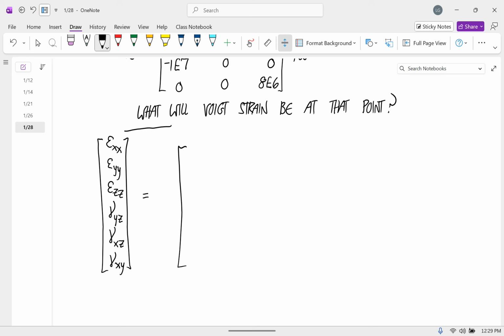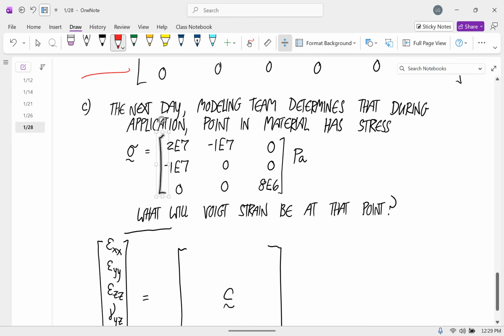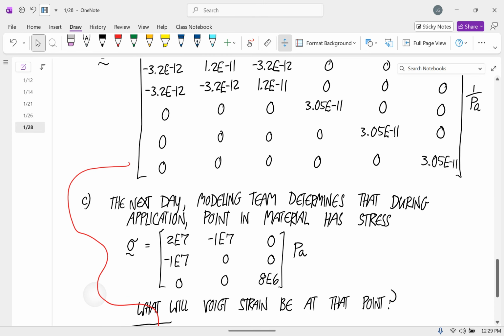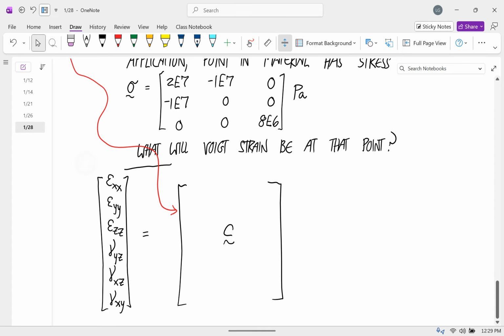And I'm not going to fill in the values. I'll just call this the compliance matrix. But remember that this is the compliance matrix that we figured out up here. Okay, because that's the compliance matrix that represents this material times the stress in its Voigt form.